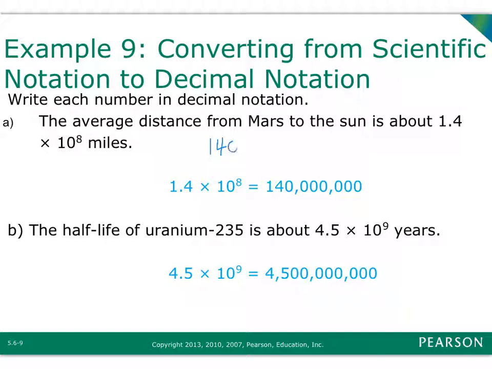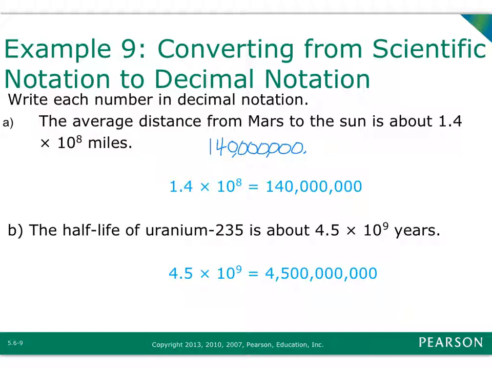So now we have 7 zeros: 1, 2, 3, 4, 5, 6, 7. And now we put in our commas where they need to be, and we end up with 140 million miles.